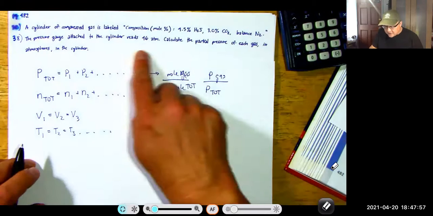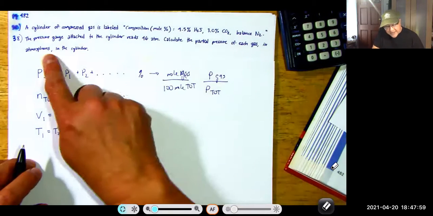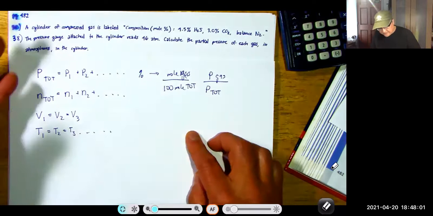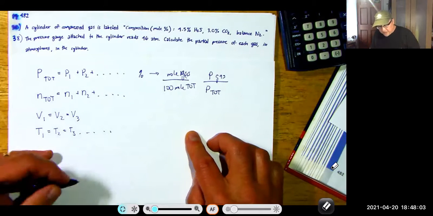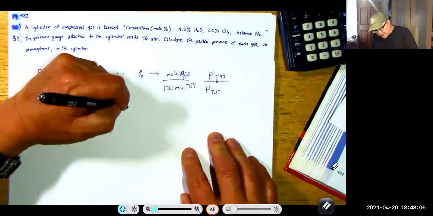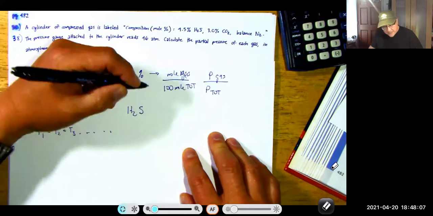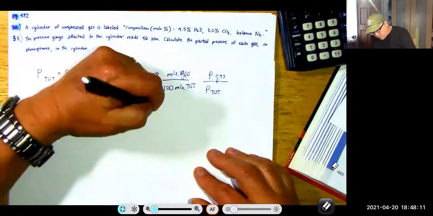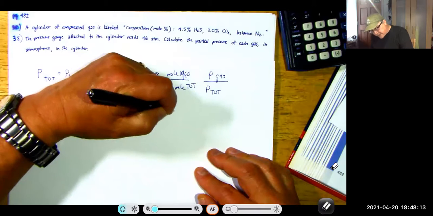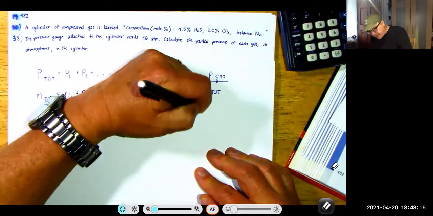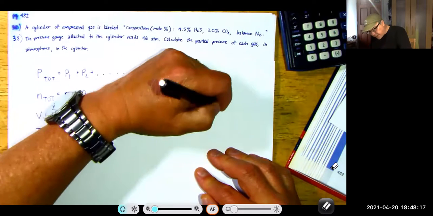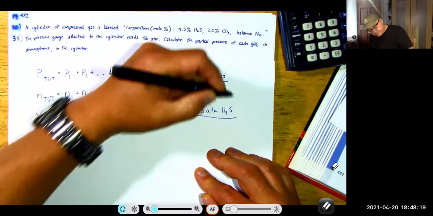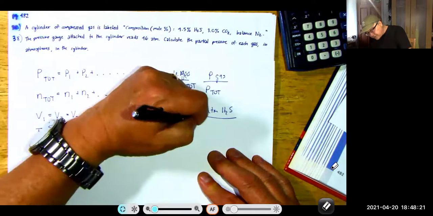It says calculate the partial pressure of each gas in atmospheres in the cylinder. So let's look at H2S specifically. And notice they want atmospheres. So I'm going to use that 4.5%, and I'm going to say that's 4.5 atmospheres of H2S per 100 atmospheres total.